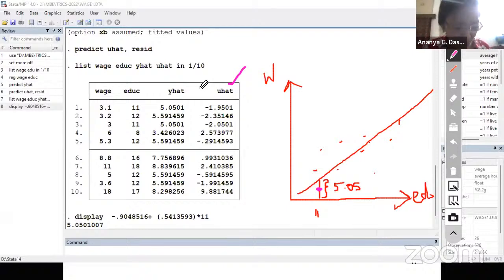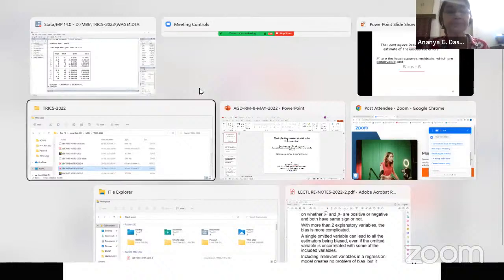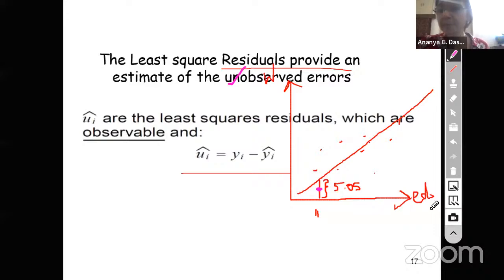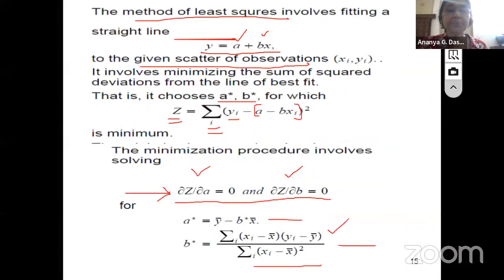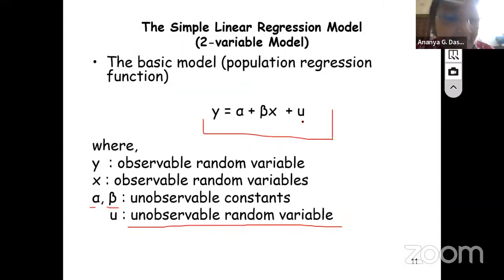Just to take you back to my slides and make one simple point about my model: we said that our model has an error term which is basically unobservable.